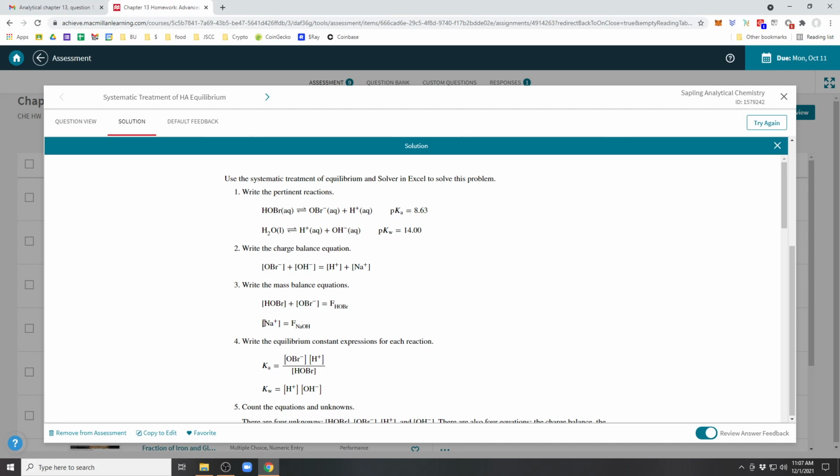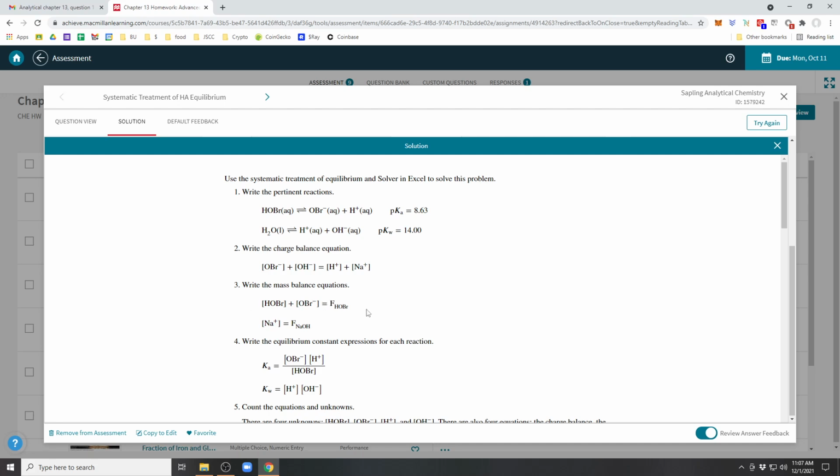In this case, because sodium is soluble in all of its forms, and the only form it's going to carry in this solution is Na+, you won't have any other form, and so the formal concentration of the NaOH is the same as the concentration of sodium.